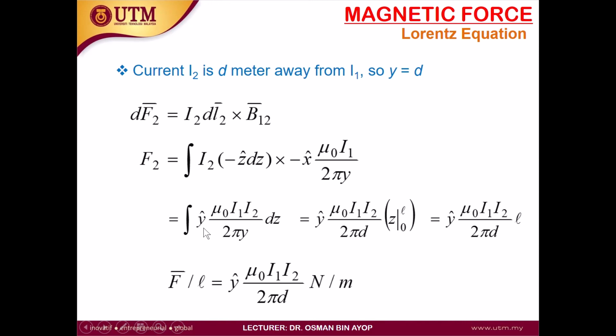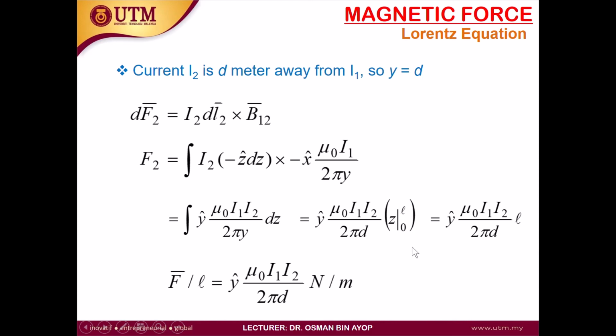So we have y mu naught I1 I2 divided by 2 pi y dz. You have to integrate with dz. There is no z here, so we can put it outside. The integration of z is from 0 to L.